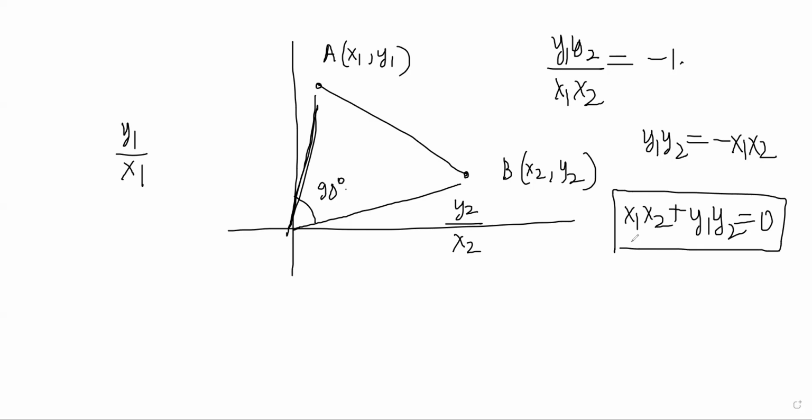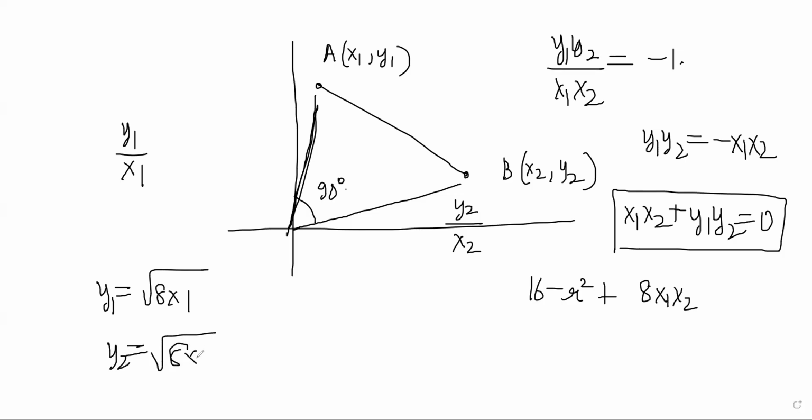So now we already know x1x2 is 16 - r², plus y1y2 is going to come out to be 8x1x2, because if you recall, y1 was root over 8x1 and y2 was root over 8x2. So when you multiply y1y2, you will get 8x1x2, is equal to 0. So basically, this is x1x2 + 8x1x2.